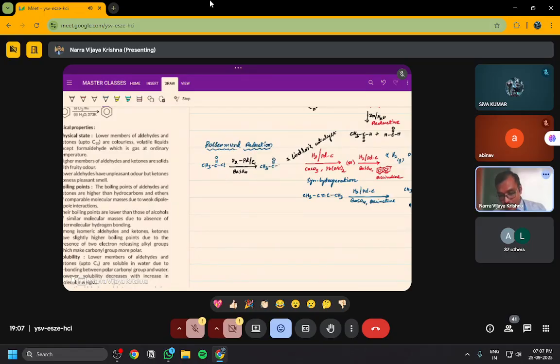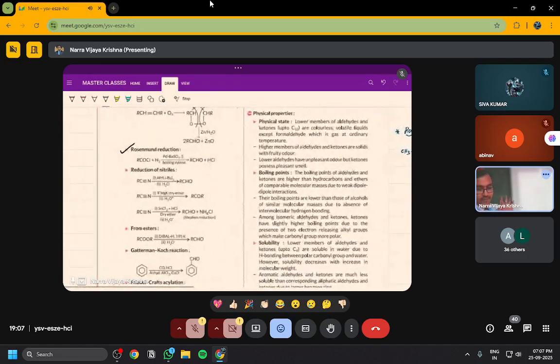It means chlorine is replaced by hydrogen. Acid halide is converted to aldehyde. Then it is called Rosenmund reduction. Observe the difference. Don't get confused between both. This is Rosenmund reduction. That is Lindlar's catalyst. If I have taken quinoline, then it is Lindlar. If quinoline is not there, then Rosenmund. Rosenmund reduction is specialized for converting acid halides to aldehydes. Lindlar's catalyst is used to convert alkynes to cis alkenes. No confusion, right?